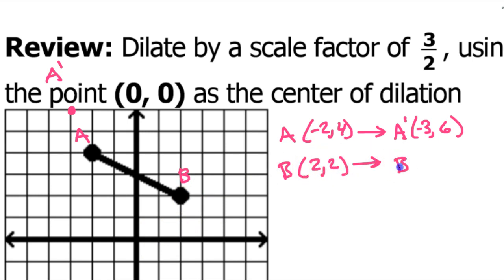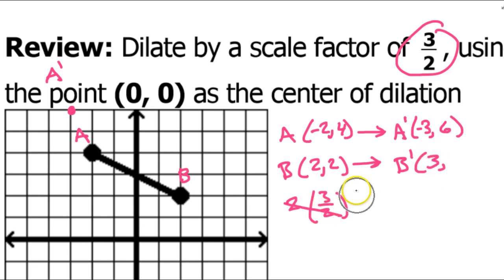So if I want to find out the coordinates of B prime, I need to multiply these by the scale factor, 3 over 2. So 2 times 3 over 2, the 2's are just going to cancel each other out. So that's going to be 3. They're both 2, so that's going to just give me 3 comma 3. So the point 3 comma 3 is right here, and that's going to be B prime.